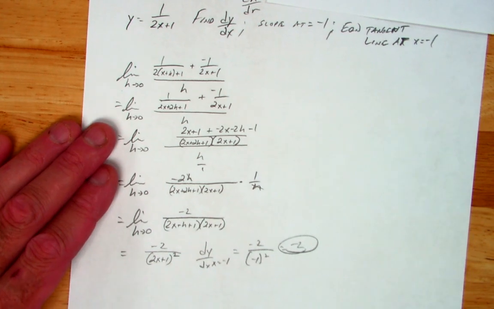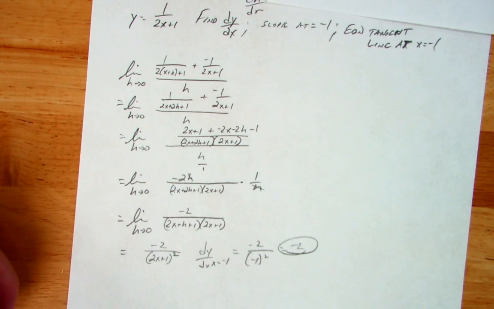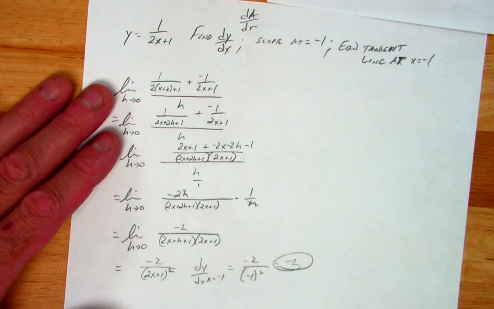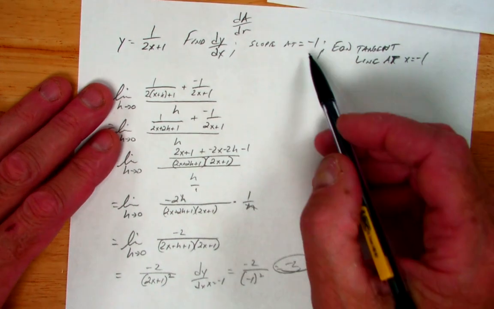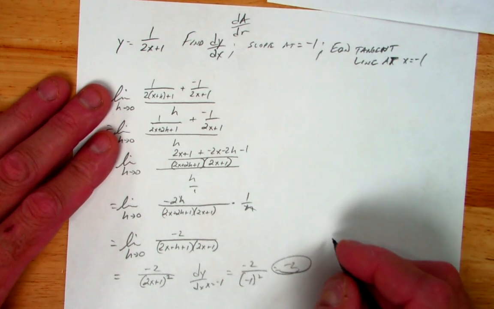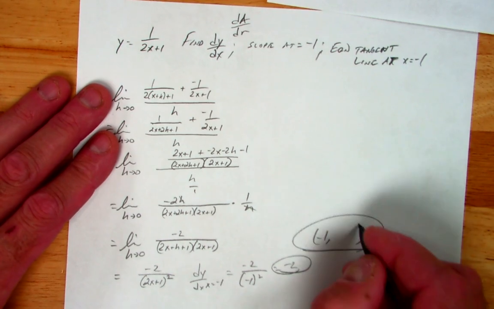That's my slope. Now I want to find the equation. My question is, at -1, what is on my original function?